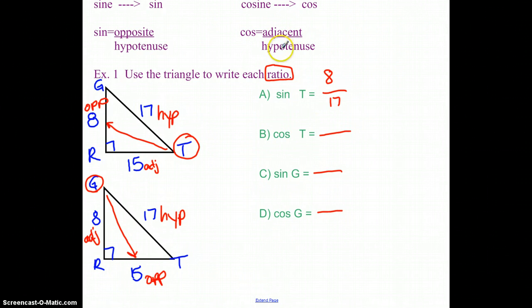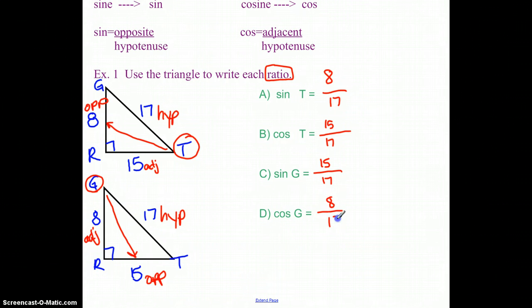Cosine is adjacent over hypotenuse in that same triangle. So adjacent would be 15, and hypotenuse would be 17. Okay, now for g, the sine of g is opposite over hypotenuse. And if I do cosine of g, adjacent over hypotenuse.